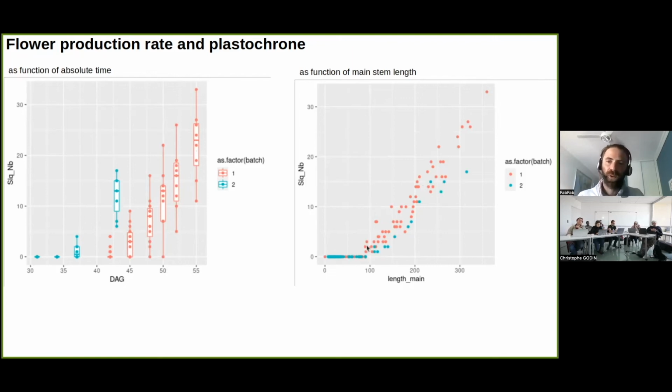Basically, the flower production rate is the same as in experiment 2, and there is a clear correlation between the flower production rate and the growth rate of the stem. And you can also see this kind of offset. So before a certain size, there is no hope to see any fruits.